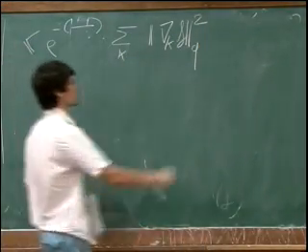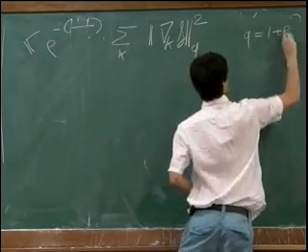We call that Q equals 1 plus rho squared.